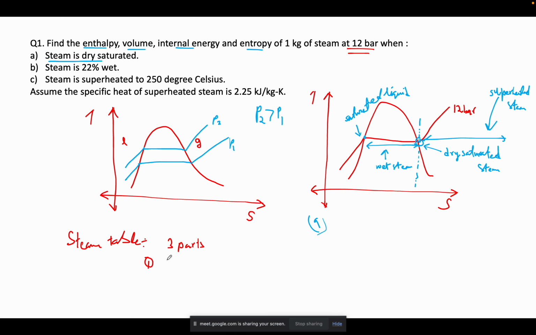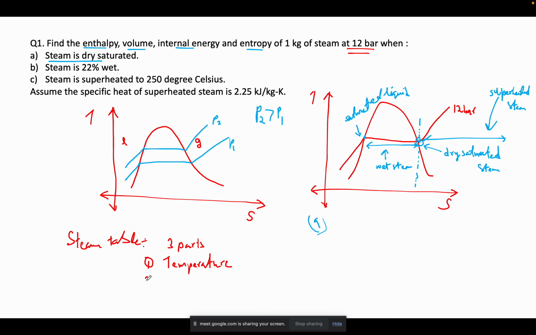In the first part you have to see the values on a temperature basis. That means a particular temperature value will be given, and based on that you have to see the pressure values, the enthalpy values, the entropy values, and the volume values, and so on.